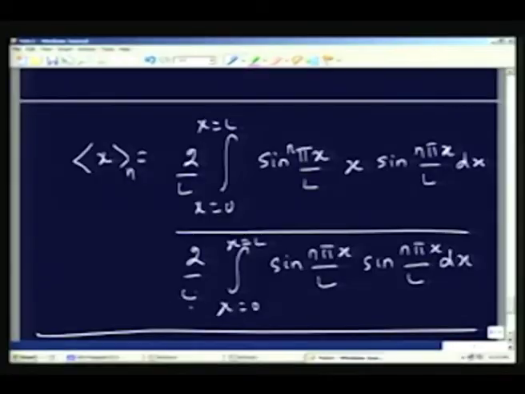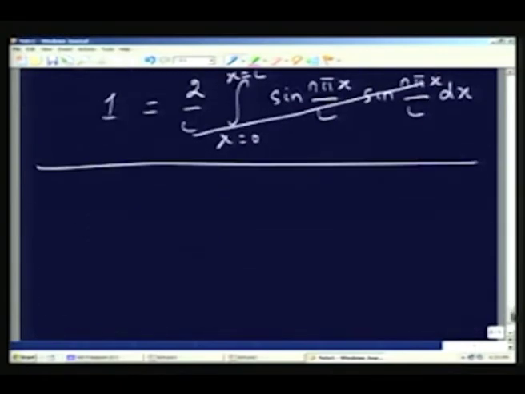Therefore this automatically is equal to 1 from your previous calculations. You only have to calculate the other. I will leave the result for you to calculate, but the average value of x will turn out to be, to no one's surprise, L by 2, which is the middle of the box.